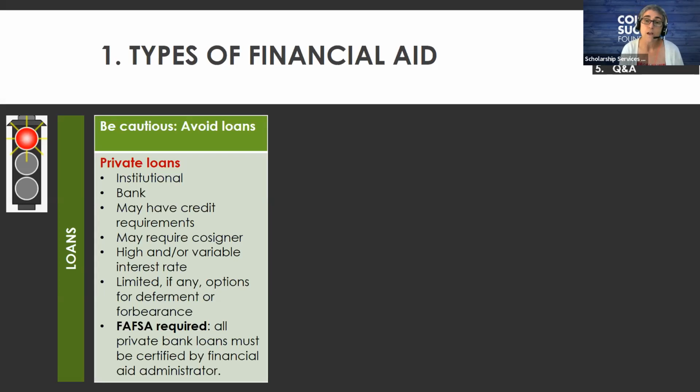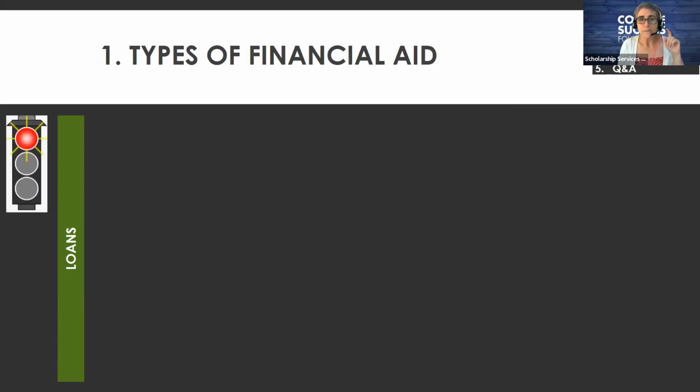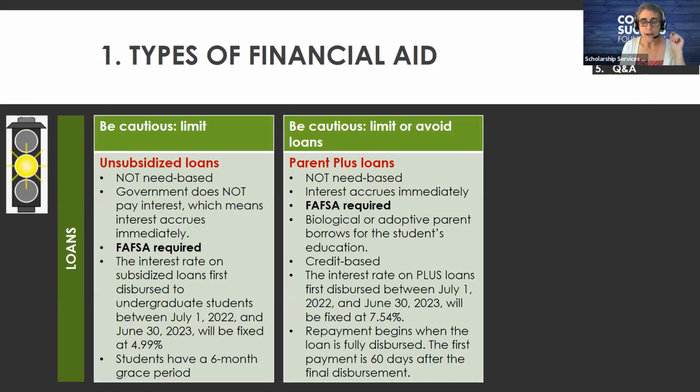Of all the different types of aid I just covered, I think there is one piece that is very important for you to know. Trang, if we can move back to the prior slide. So the unsubsidized loan and the Parent Plus loans are the only type of aid that can be used to pay for the expected family contribution.